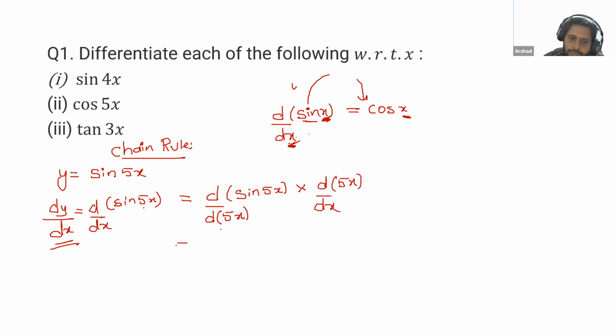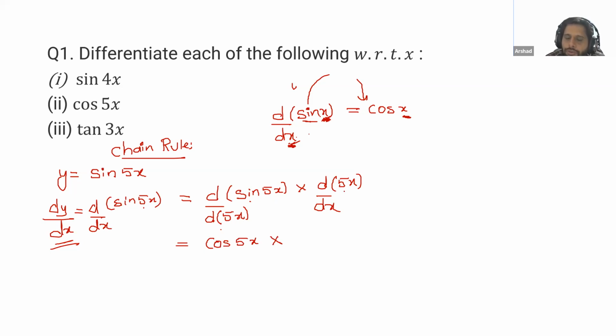Now, Fahad, please tell me what is the derivative of this one? Very good, Fahad. Here we are differentiating sine, so we will write cos, and the angle is what is already in the question, that is 5x. Very good. Now we need to differentiate this one.